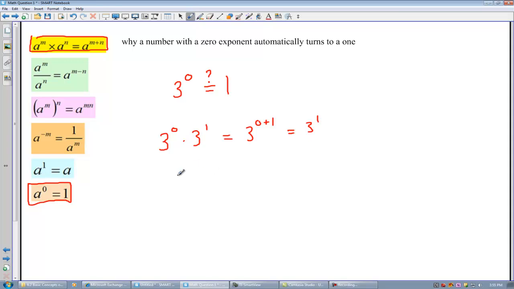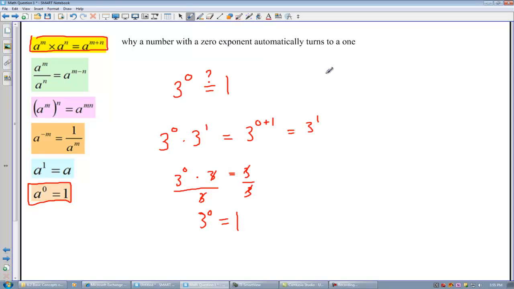So what we have here is that 3 to the 0 times 3 to the 1, which is just 3, is equal to 3 to the 1, which is 3. And we see if we divide both sides by 3 now, the 3s will cancel. And on the left-hand side, 3 to the 0 has to be equal to 1.